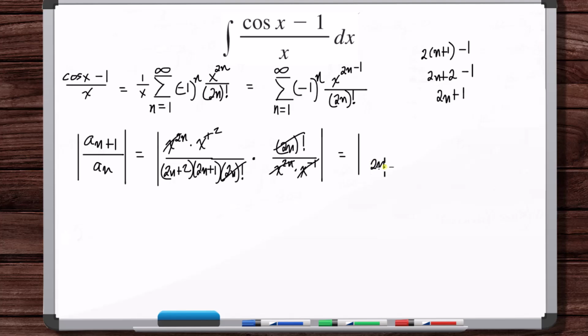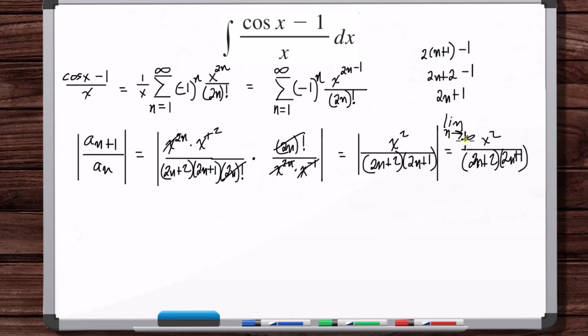So we've got, and then, okay, now this is the absolute value, this is always positive for all n and x. Okay, the limit as n goes to infinity of this is 0 for all x.